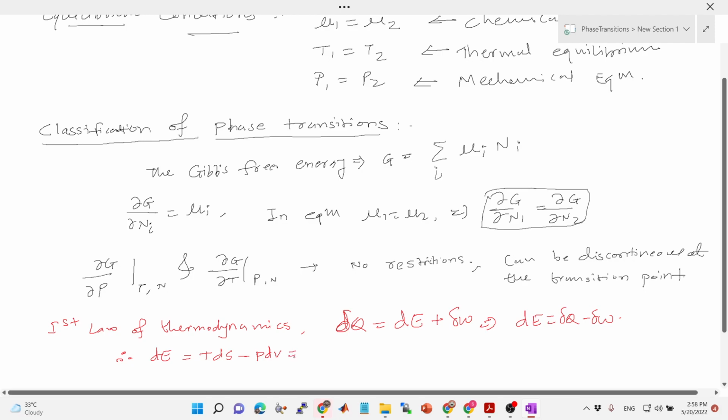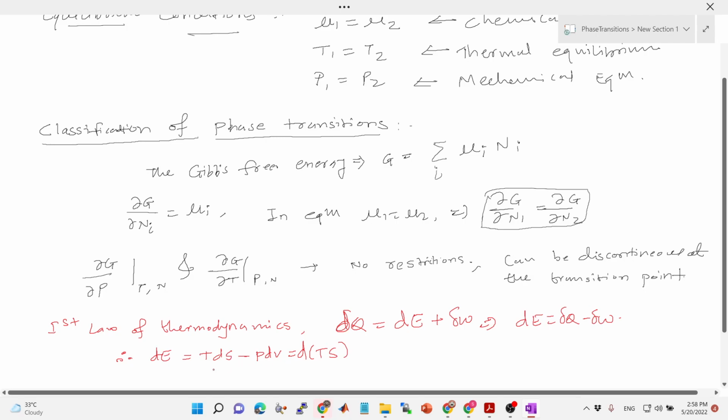We're going to use a simple trick here. We're going to add and subtract. Let's say we have the derivative of the product of T and S. If we write this in terms of derivatives, it will be T dS plus S dT.